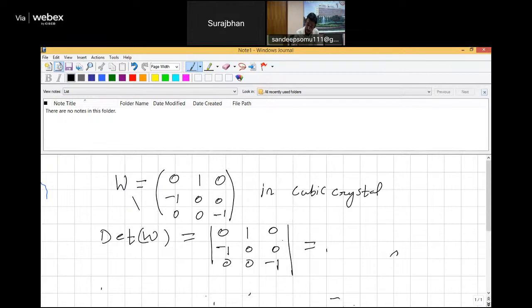I think you can simply write the value. People can work out. -1. So here we got the determinant as negative. So this is a type 2 operation.